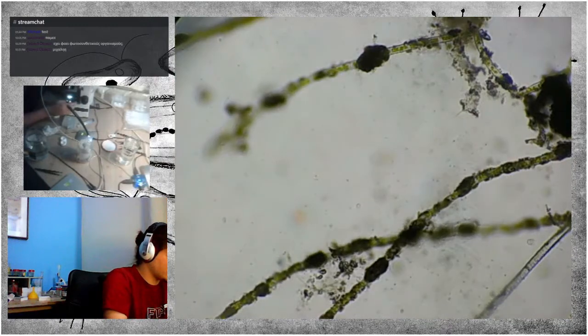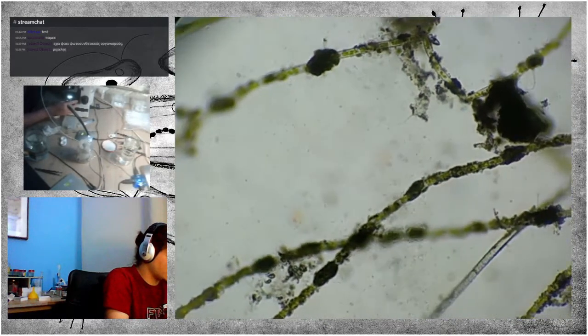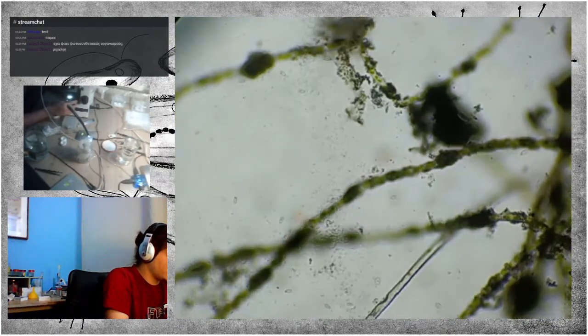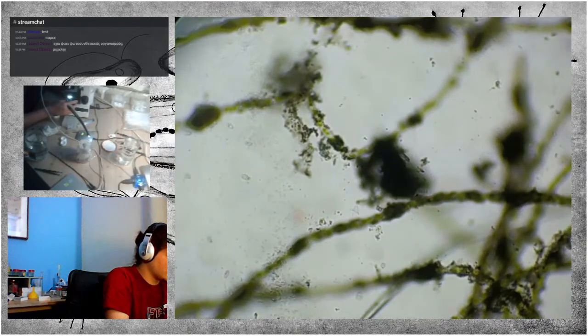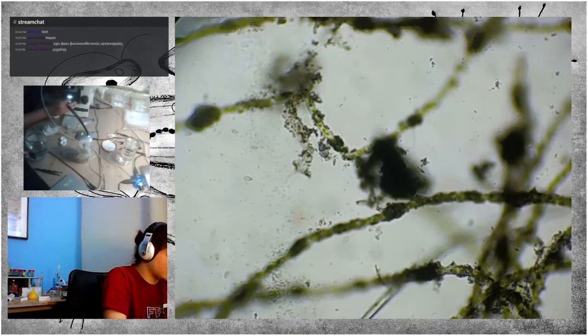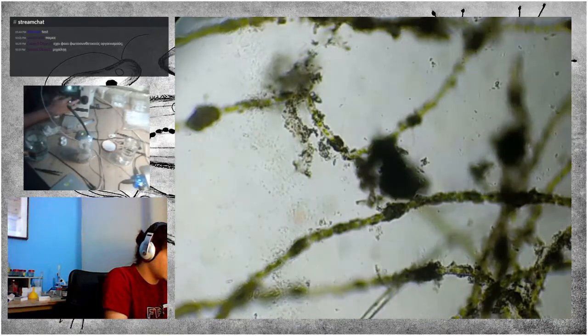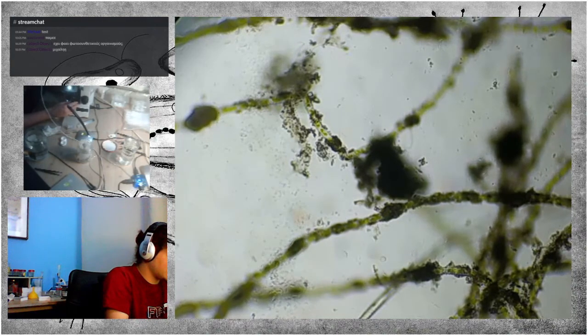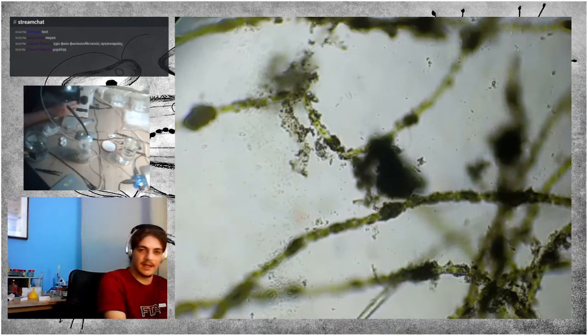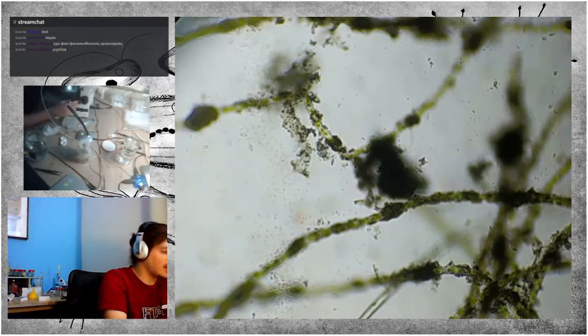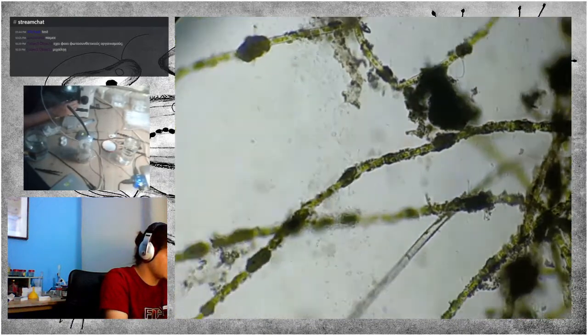Here again we're at magnification 100. Oh, here it is. On the lower magnification I can do this, which is called oblique illumination, and it adds a 3D effect with shadows.